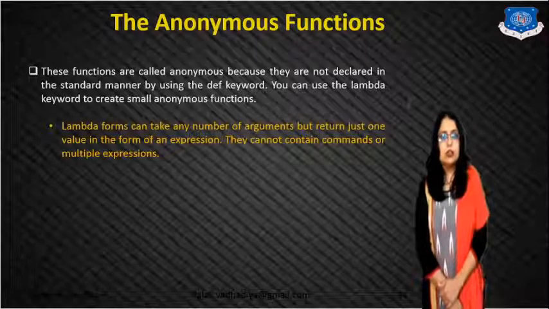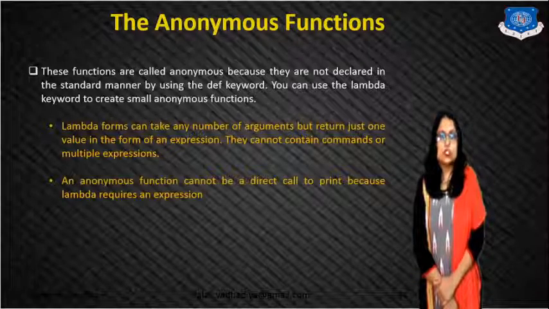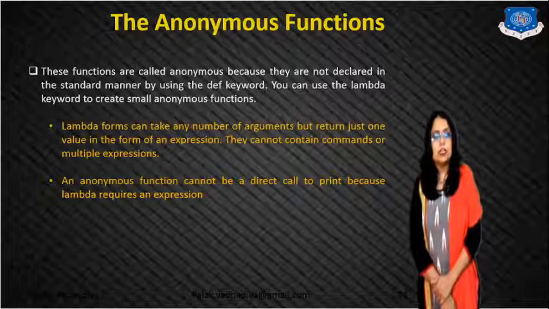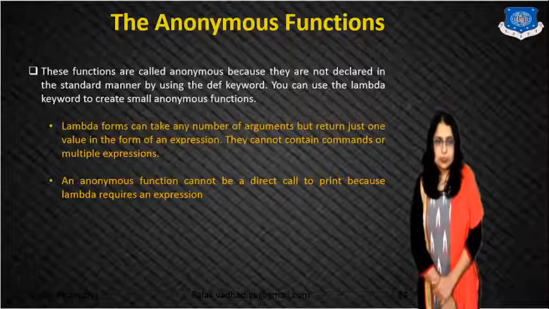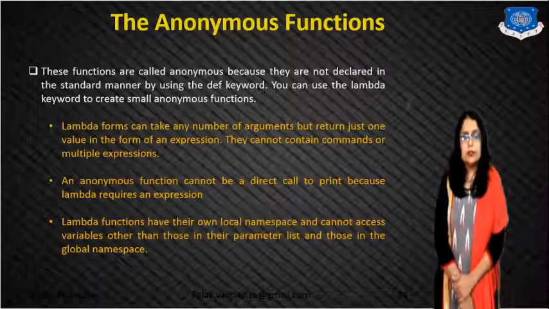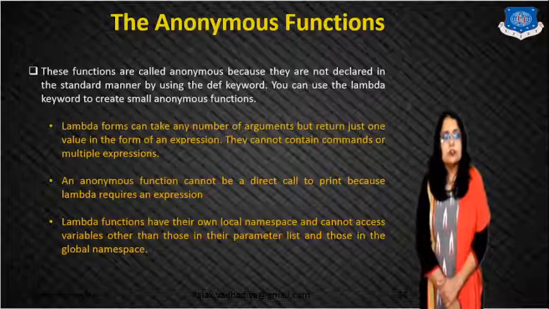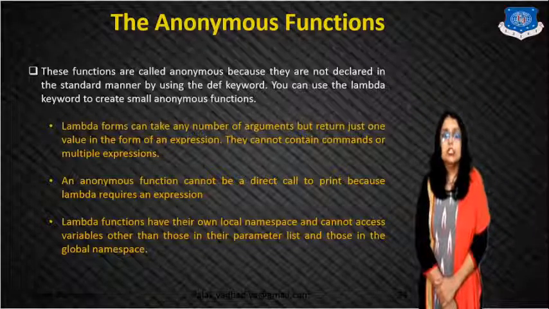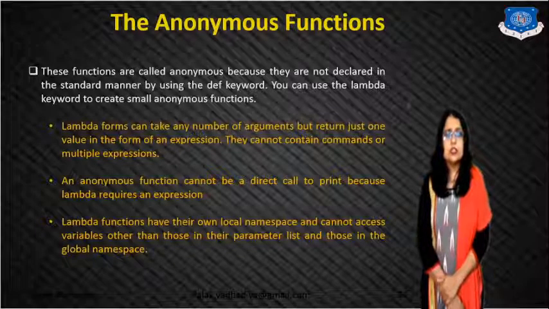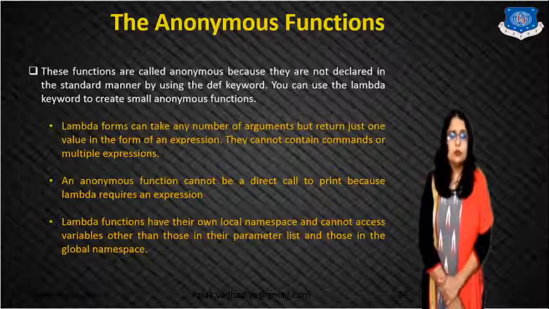They cannot contain commands or multiple expressions. The anonymous function cannot be a direct call to print because lambda requires at least one expression. Lambda functions have their own local namespace and cannot access variables other than those in their parameter list. We will discuss this in detail when we discuss local and global variables.